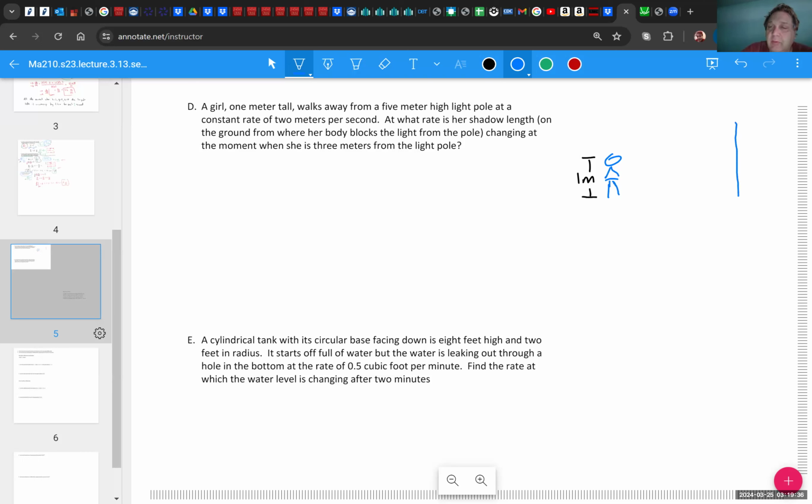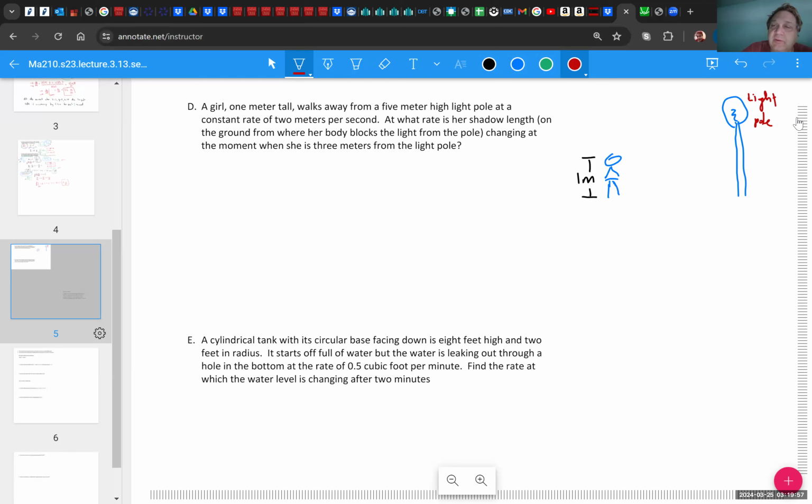So here's my pole and some sort of light here. To remind myself, I'll call this light pole. I guess this is the light and this is the pole over here. A girl 1 meter tall is walking away from a 5-meter high light pole.